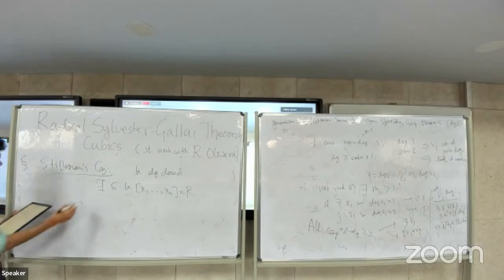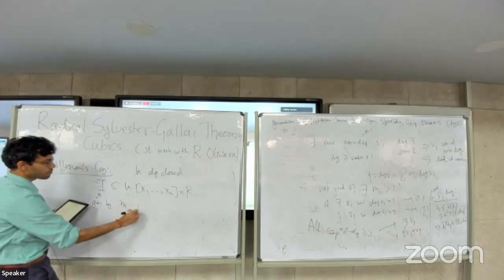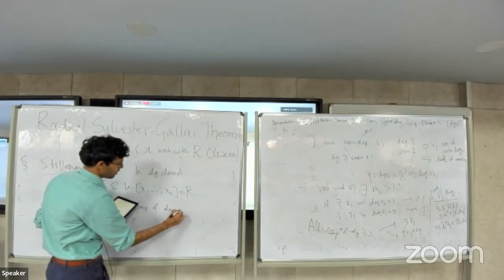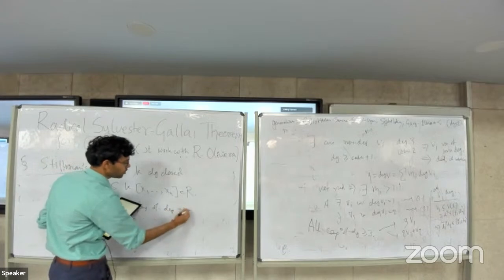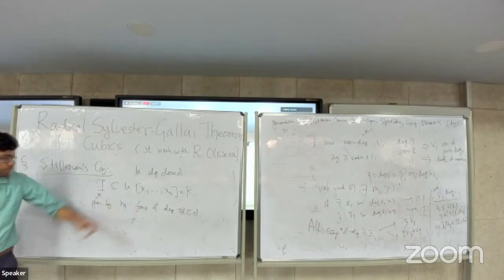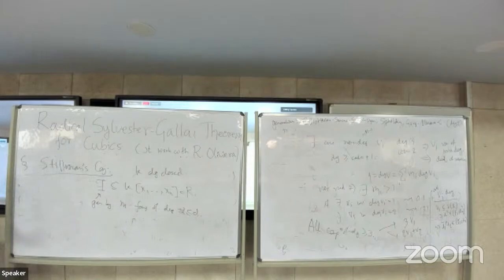I'm taking an ideal generated by m forms of degree at most d. So inside a polynomial ring in n variables, I'm looking at an ideal generated by m forms of degree at most d. Then Stillman asked this question and conjectured.